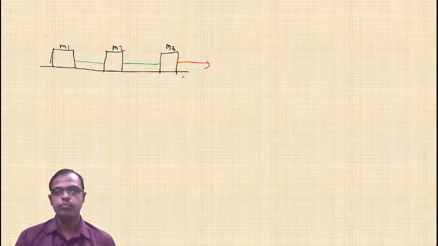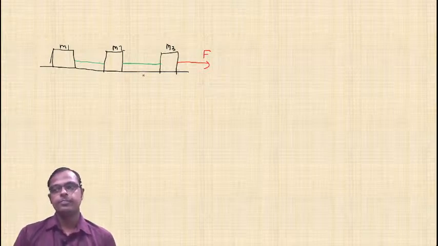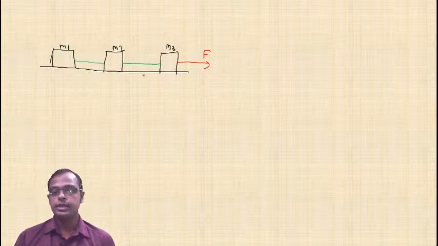Someone is now pulling. So the applied force is F. Once again, what will happen when the force is applied on M1, M2 and M3? Definitely you can say that all the masses as a system will now accelerate towards the right. Correct?